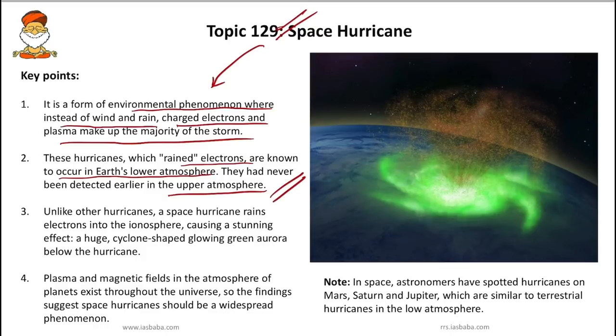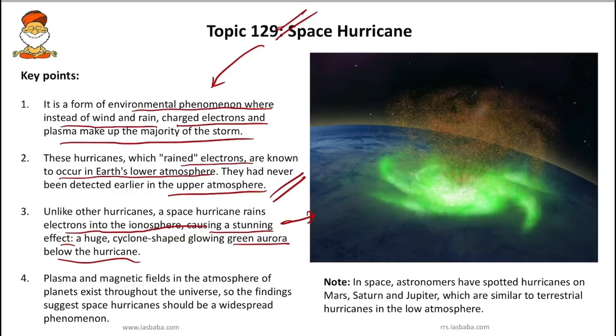It is important to note that the researchers have identified this high latitude phenomenon, which is remarkably similar to the tropospheric hurricane, but this space hurricane has plasma and showers electrons. That is the difference. As you can see in the figure, the space hurricane rains electrons into the ionosphere and causes a stunning effect, that is green aurora below the hurricane.